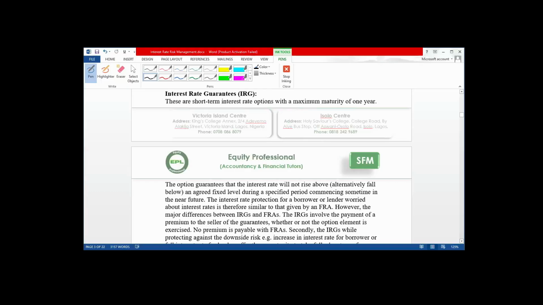Interest rate guarantees involve payment of premium to the seller of the guarantees. But there is no premium payable with FRAs. Forward rate agreements do not involve payment of premium.